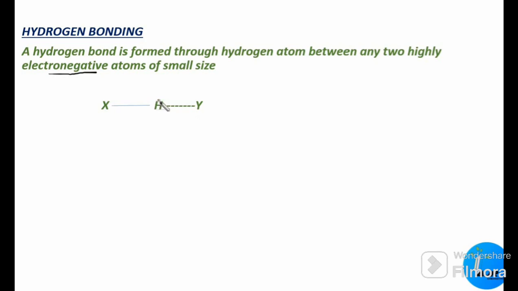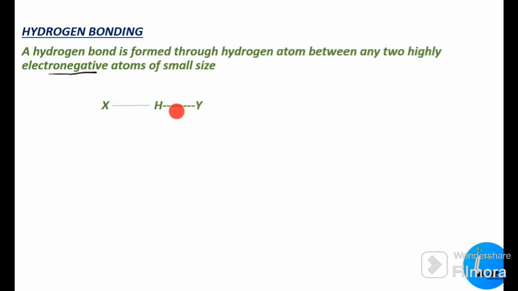Can you understand? See, this hydrogen is already covalently linked with this highly electronegative atom, and this hydrogen is again bridged to another highly electronegative atom, and this bridge is known as a hydrogen bond.